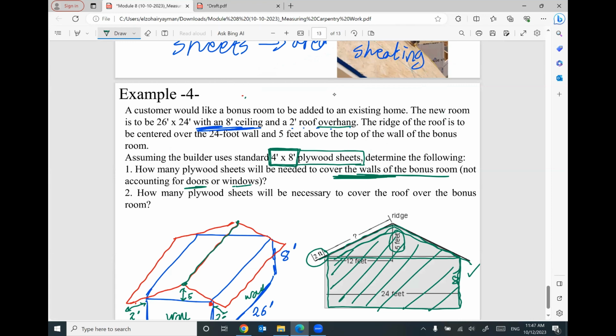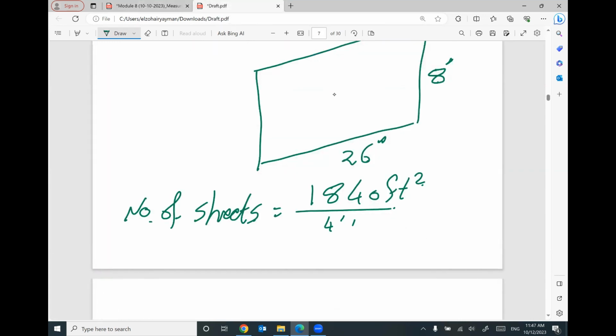One sheet will give you an area 4 by 8. If you divide the total surface area by the area of one sheet, you can get 57.5 sheets. Actually, I will not order half a sheet, so I will order 58 sheets.